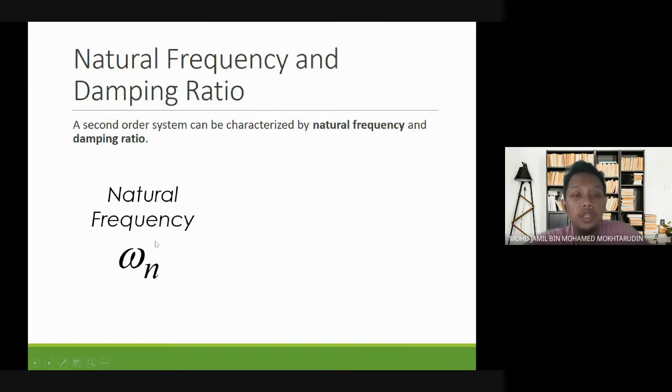So natural frequency we represent by the symbol omega n, and damping ratio is represented by this symbol. I don't know what its name is. Okay, I call this damping ratio. It looks like a reversed 3.